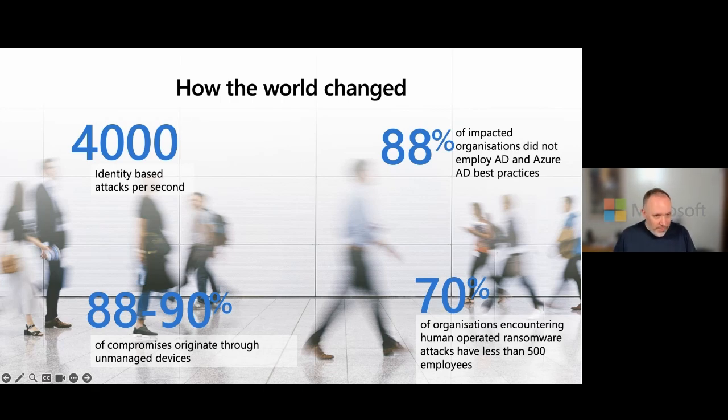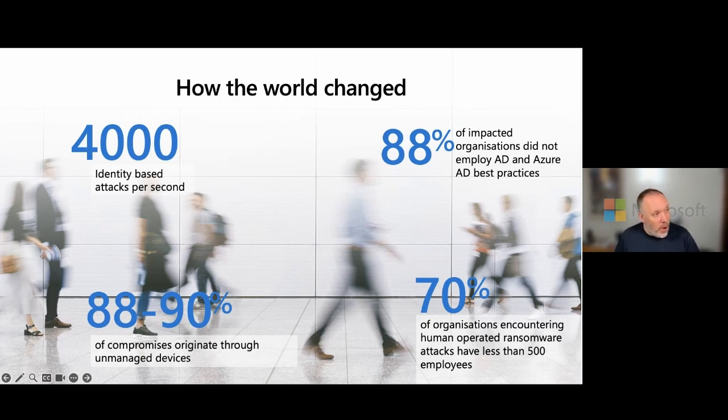The other thing I mentioned there as well: 70% of organizations that have been subject to human-operated ransomware attacks, we call those HumOR attacks for some reason, have less than 500 employees. So again, the idea that being a smaller organization makes you less interesting to attackers, I'm sorry to burst your bubble.